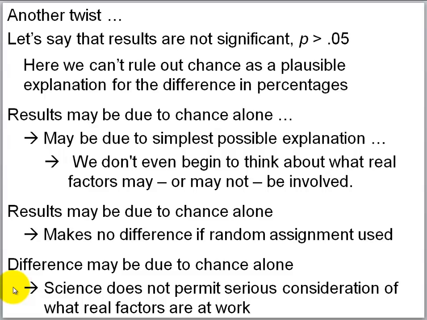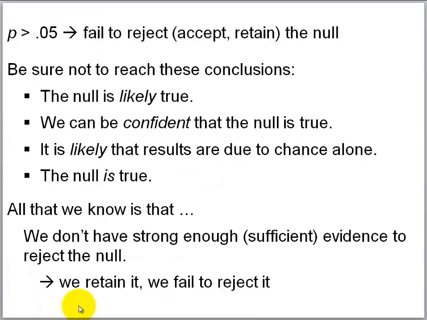And so here you see this notion of science wanting you to go forward with the simplest possible explanation. If chance is a plausible cause, we're not permitted to consider real factors. So, in our changed example, p is greater than 0.05, we fail to reject the null.